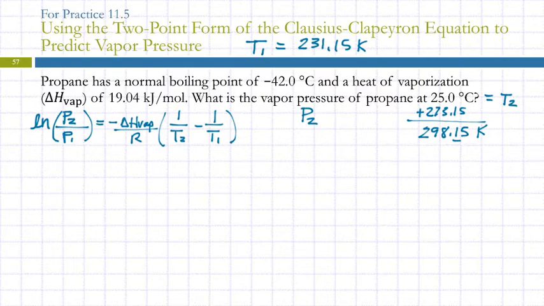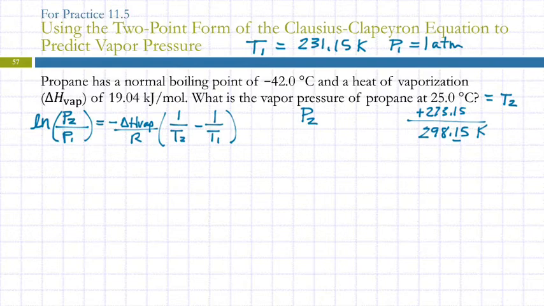What does normal boiling point mean? At STP, at normal atmospheric pressure. So the normal boiling point is at 1 atmosphere of pressure. It's hiding in there, right? So P1 equals 1 atmosphere. Exactly. Because that's how the normal boiling point is defined.